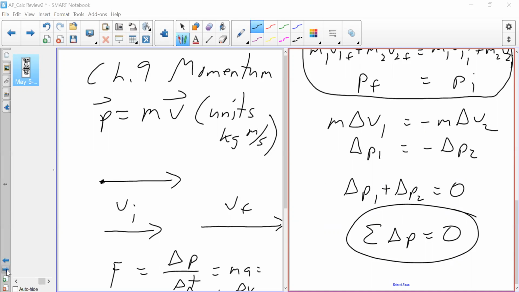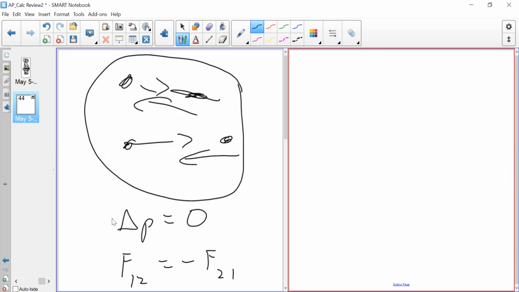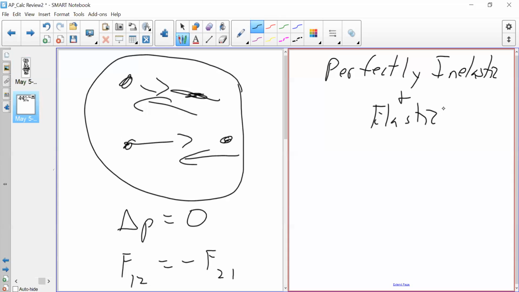Because no matter what kind of collision it is, the momentum will always be constant, but our energies can change. So we have two types of collisions, the perfectly inelastic and the elastic. So we have two objects cruising along. One could be at rest. And when they collide, their masses stick together and they move as one.